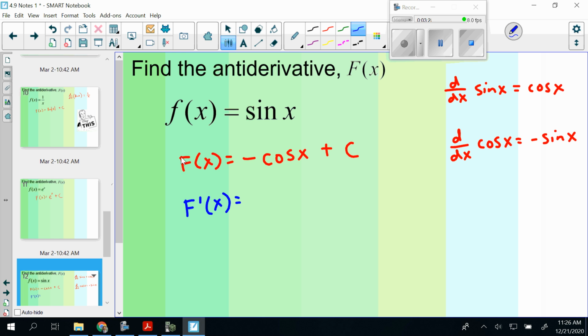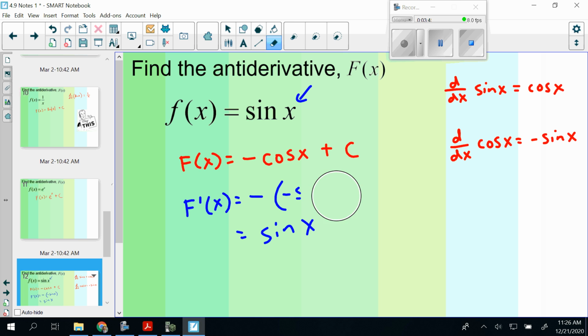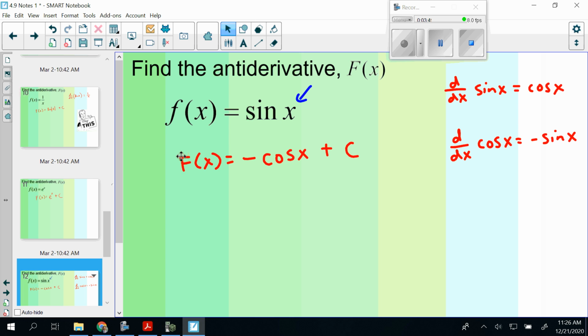Now if we find the derivative of this, we got that negative, the derivative of cosine is negative sine, the derivative of a constant is 0, so what does this end up equaling? Positive sine now, just like we started with. So whenever you're doing these antiderivatives, just make sure if you would take the derivative of it, you should end up back where you started.